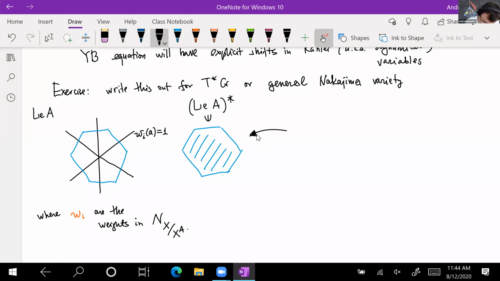Then this dual polytope is like the Newton polytope for the exterior algebra of the space. I haven't anchored it anywhere yet. It's just kind of floating in the dual space.